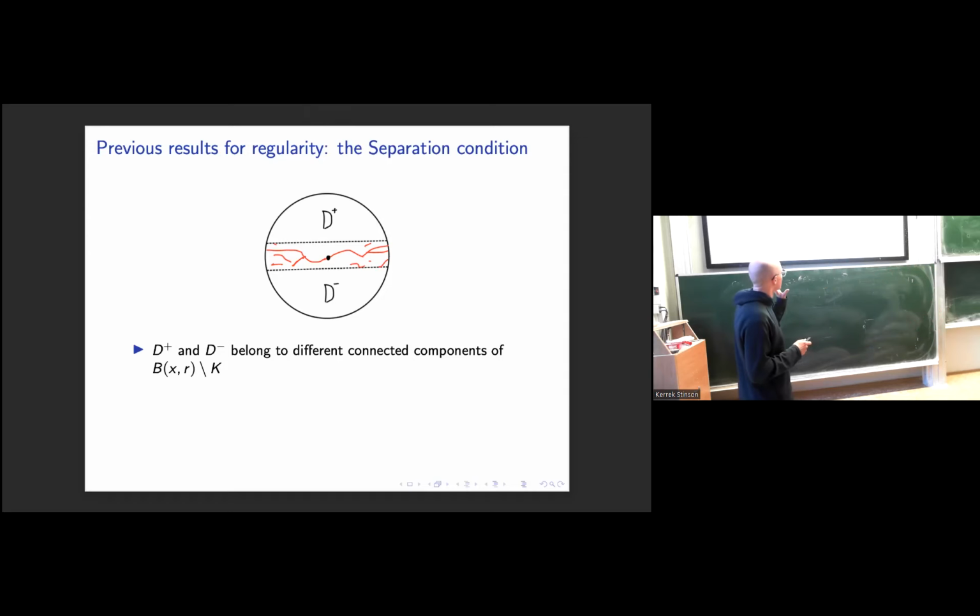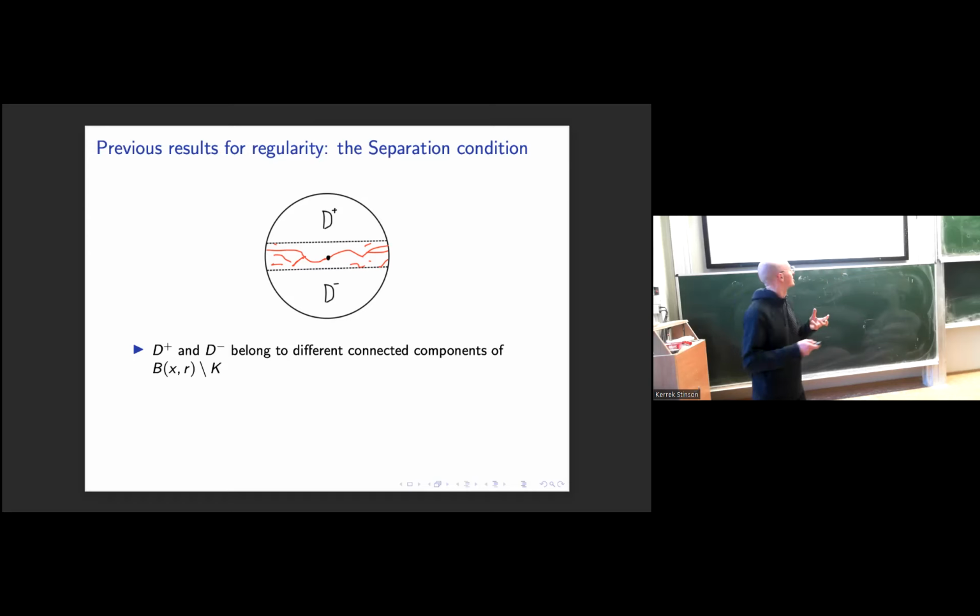What you do is you take some ball in your domain and you zoom in and you look at this ball and you ask how the crack separates it, which in this case means if you have this region D plus on top and D minus on bottom, are they topologically connected? Can you take a line and connect them while staying in the ball?